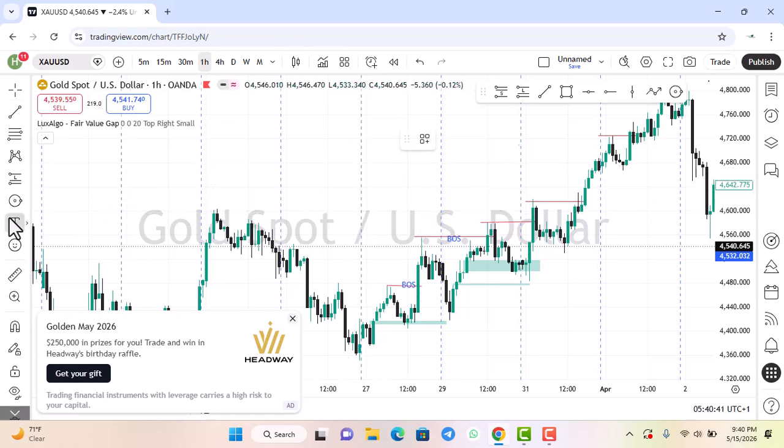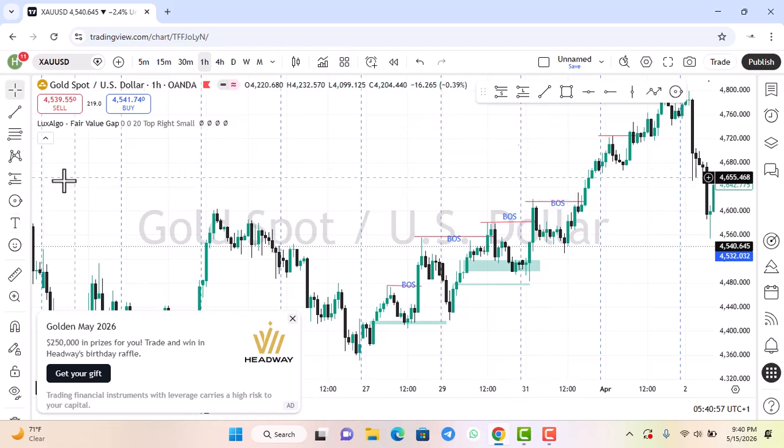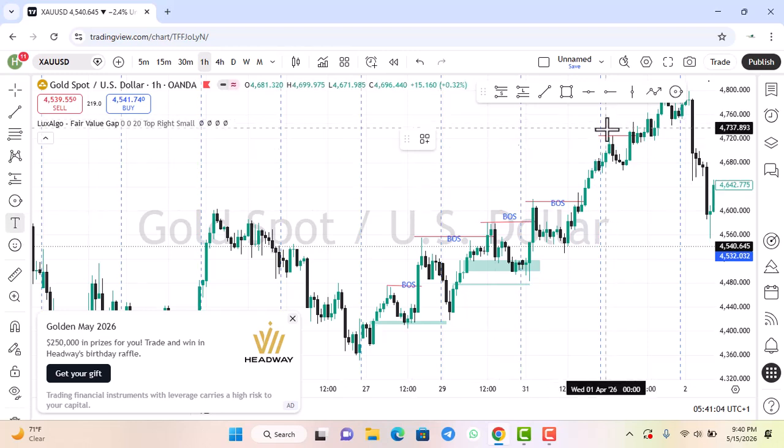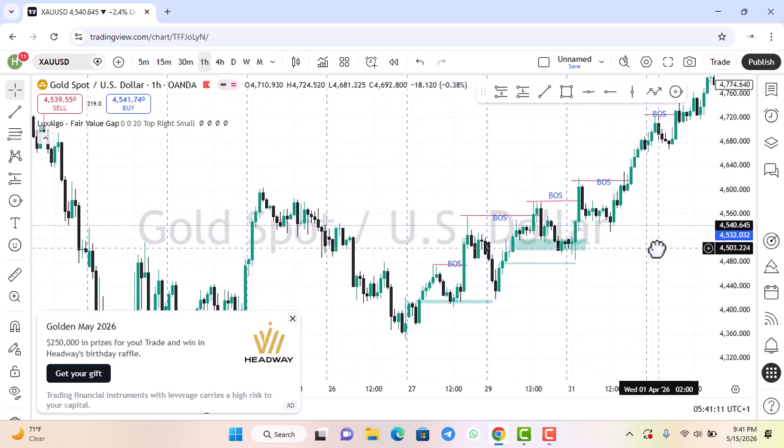And this is our next valid break of structure, BOS. Okay, and this is our next valid break of structure continuously. Okay, this is our next valid break of structure in an uptrend, BOS in an uptrend. Okay, now can you see how clean this structure is?